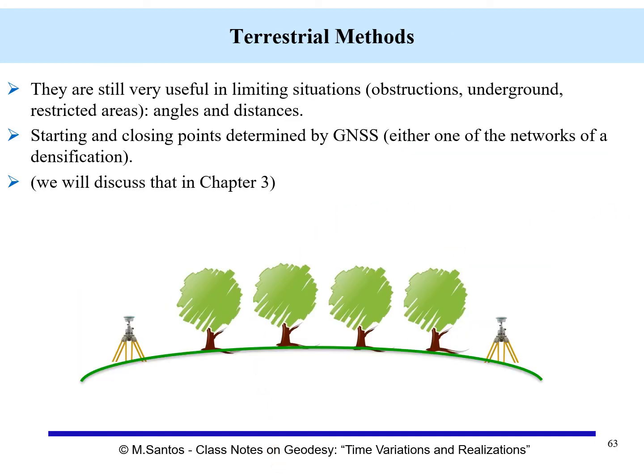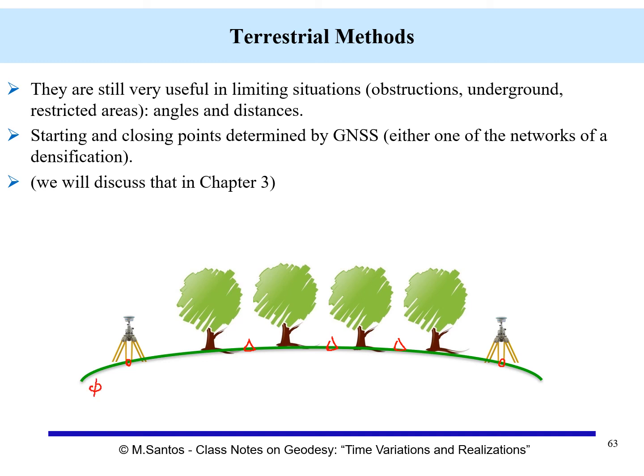And of course, terrestrial methods. This is useful. Again, we are not going to have these coordinates in WGS84. Imagine that we want to determine coordinates of points that are undercover, so we cannot use a GPS receiver. But we could have these points here that would serve as the starting and closing for a traverse, for example.